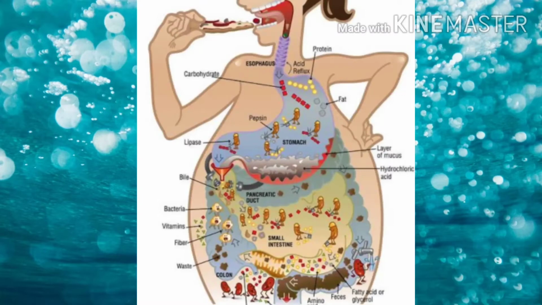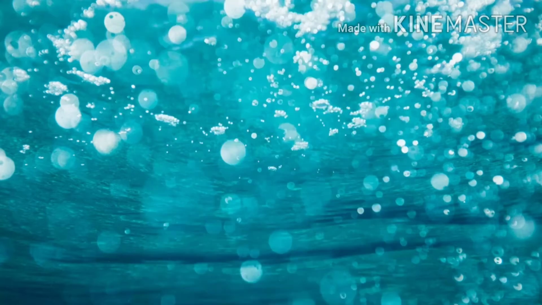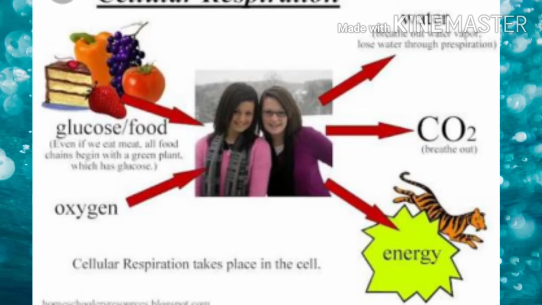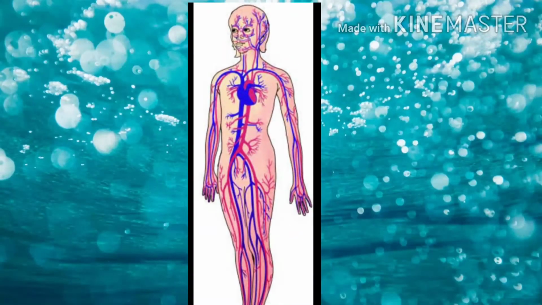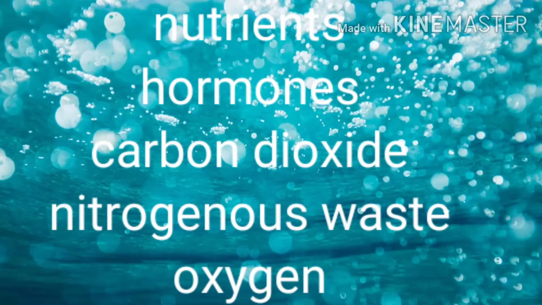Nutrition means we need all the types of nutrients in our body like carbohydrates, vitamins, protein, fat, etc. In the case of respiration, we need oxygen for the breakdown of glucose for producing energy. And for transportation, we need to transport all the nutrients and the waste materials inside and outside our body. So transportation is very much essential.